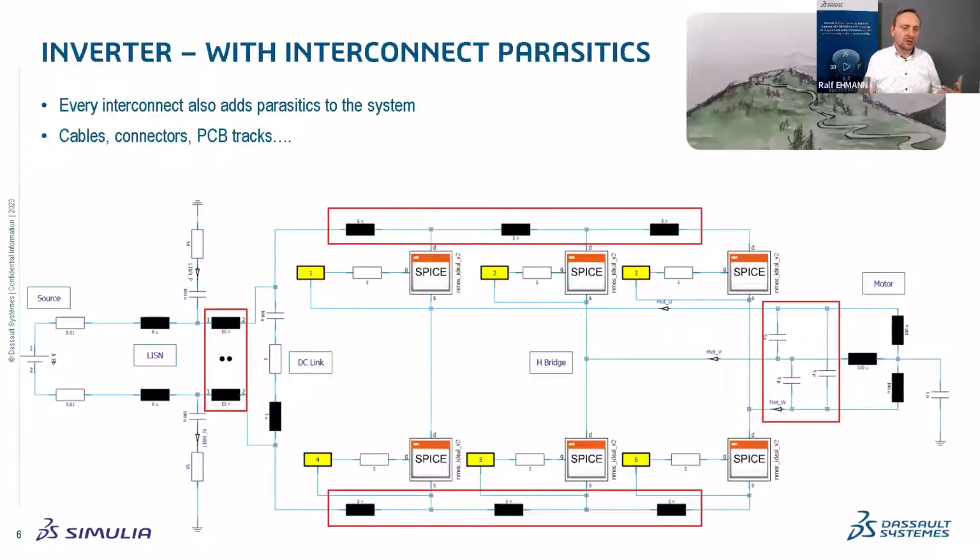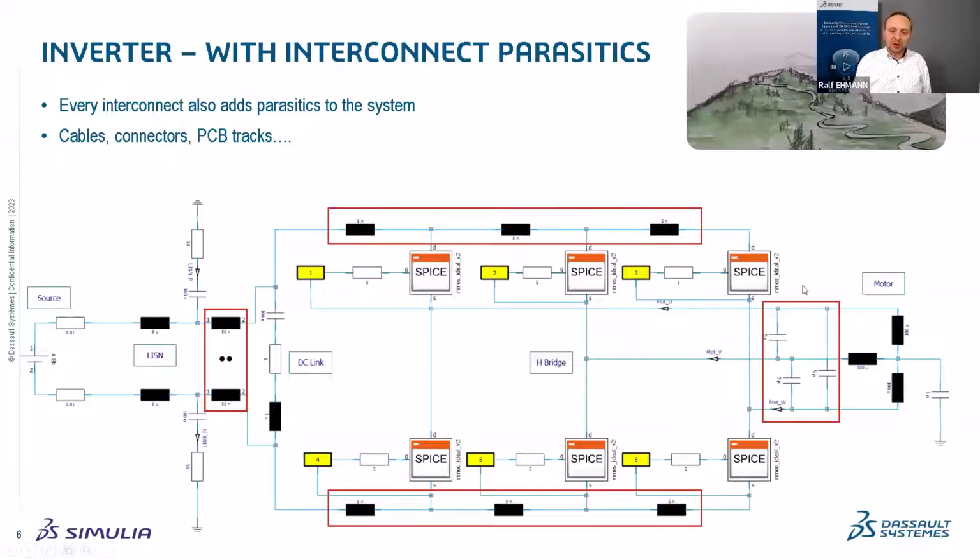Basically, every piece of metal which connects your component has certain parasitic values. And I'm trying to demonstrate this as a simple case. So we have some coupling on the power cables, shown here with the 50 nanohenry coupled to the other 50 nanohenry. And we, of course, have parasitics on the PCB or on the inverter module itself, that I'm adding here on top and on the bottom.